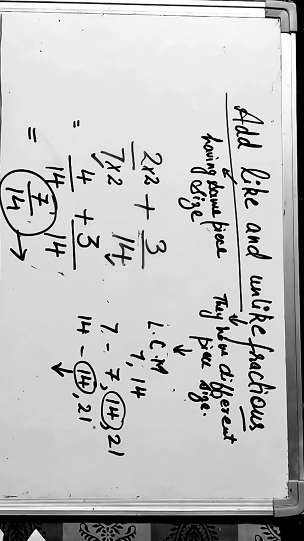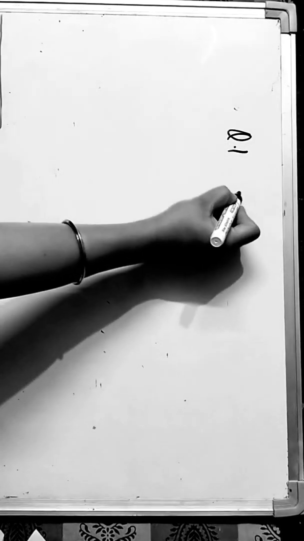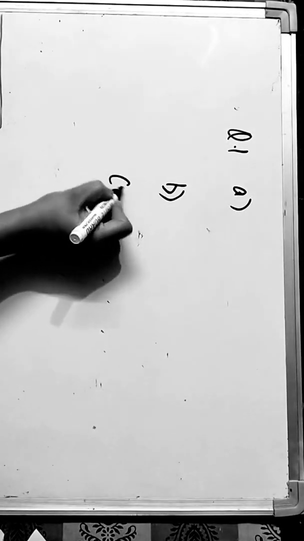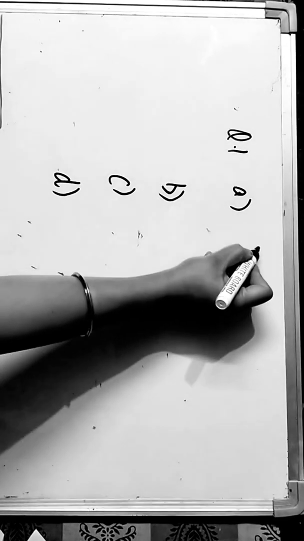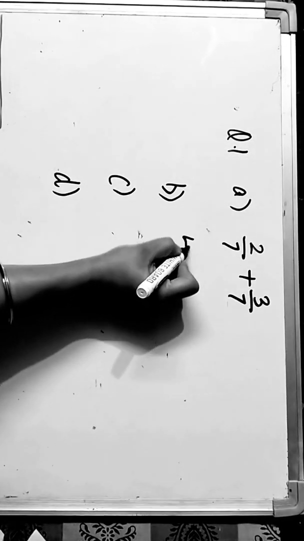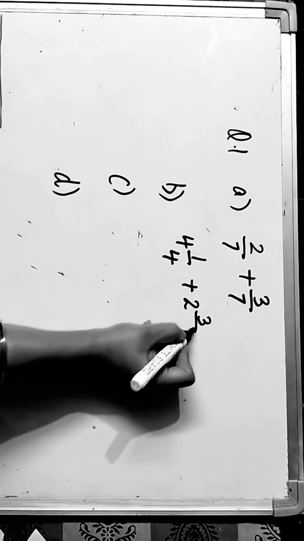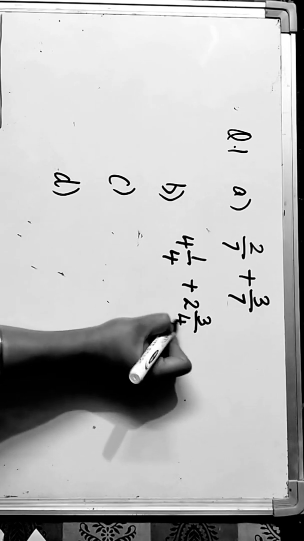Okay, now next is how to subtract like and unlike fractions. I'm giving you a few sums to solve in your notebook. Just check them out. You have to solve these sums in the rough notebook.